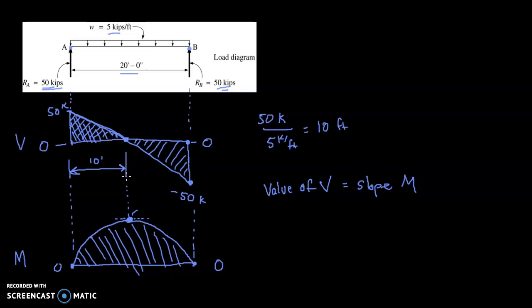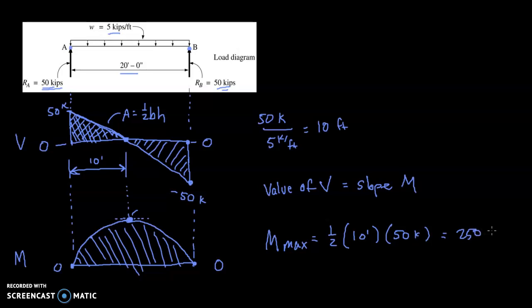If I find the area of this triangle, the area is equal to 1/2 base times height. So the maximum moment in this case is going to equal 1/2 times the base is 10 feet wide, and the height of that triangle is 50 kips. So that would be 250 kip feet.